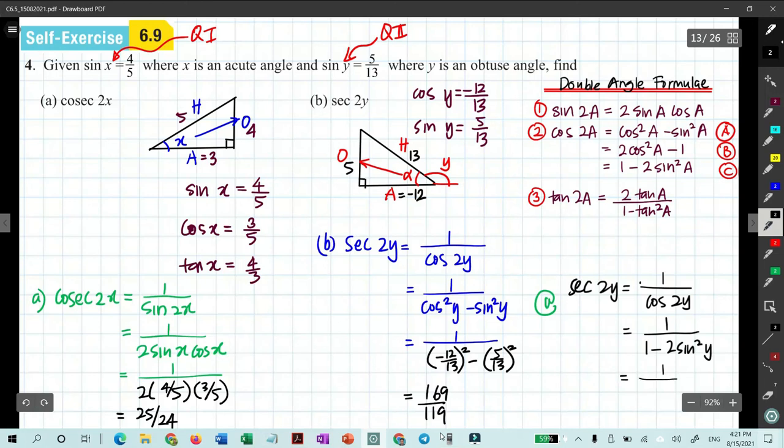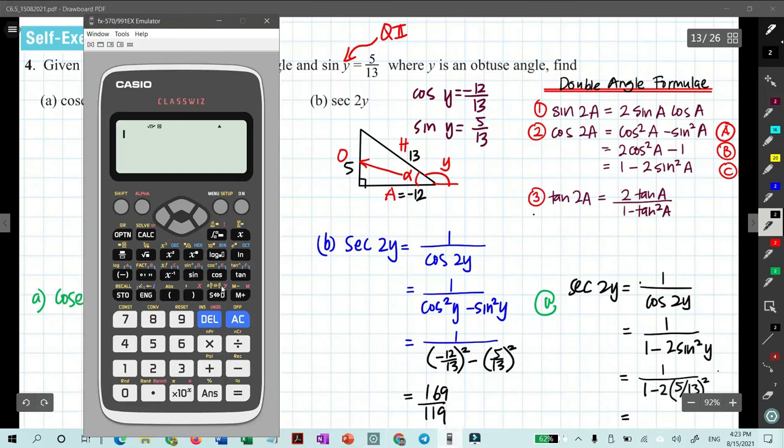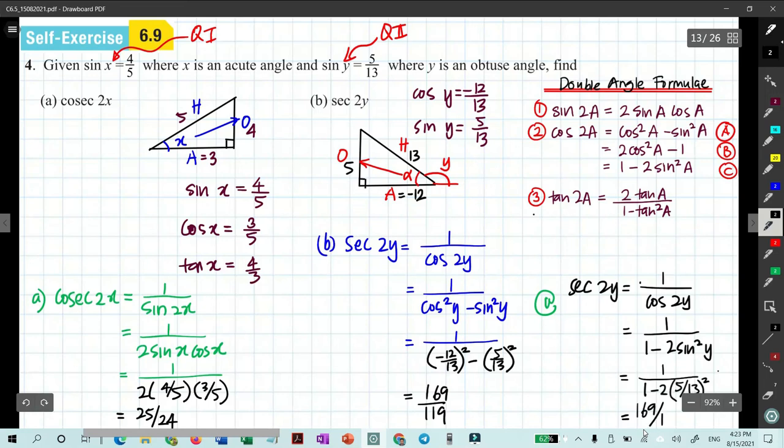So it's 1 over 1 minus 2 times 5 over 13 squared. And let's find the answer using the calculator: 169 over 119.